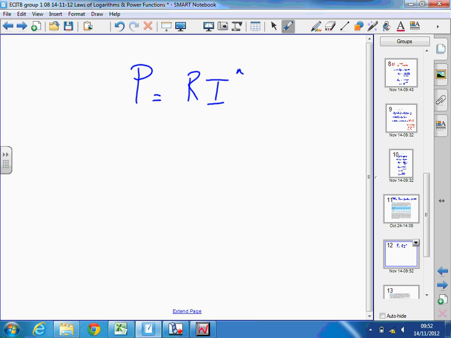And we want to find the value of n and R. So n is a power. So what we're going to do with that relationship is find logarithms, to bring that n down and turn it into a multiply. So the first thing we do is take the logarithm of both sides. Log P equals the logarithm of R I to the n.